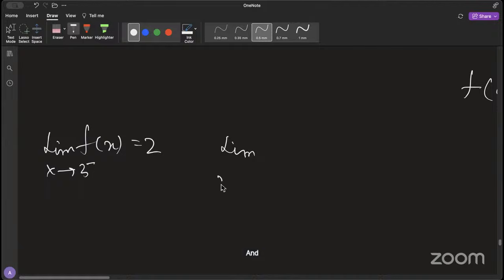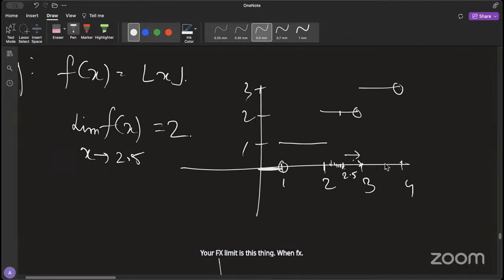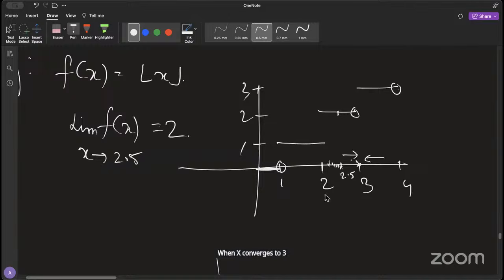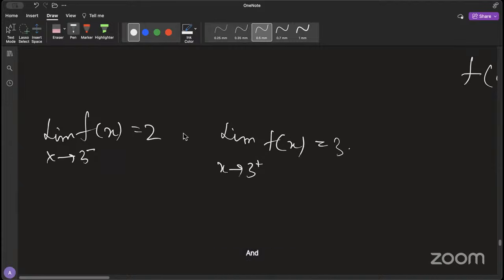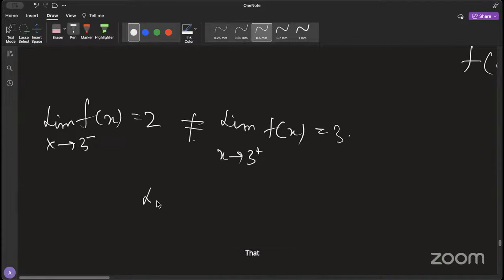And from the other side, when x converges to 3 from the right hand side, your f(x) is here. The height on this side is 3. That means here you will have 3. Because these two are not equal, the limit of f(x) as x tends to 3 does not exist.